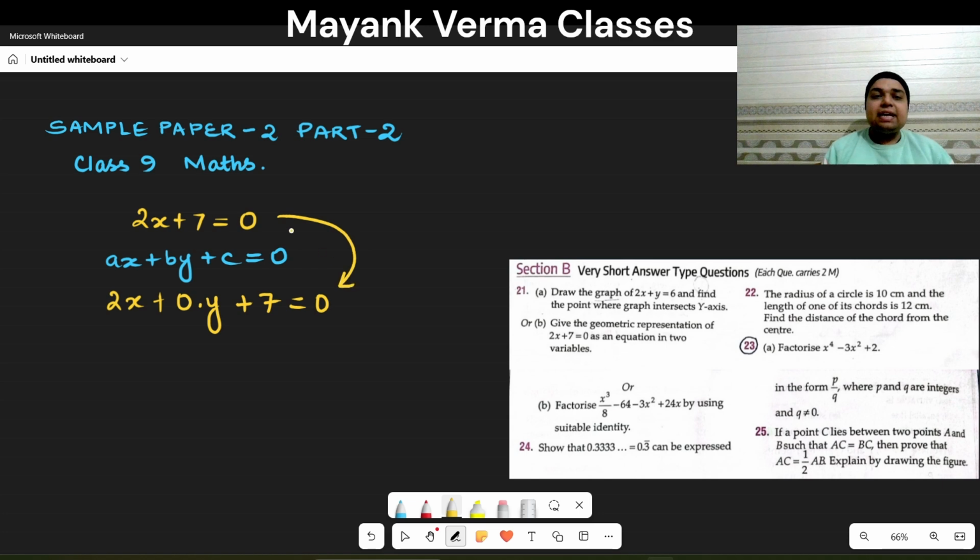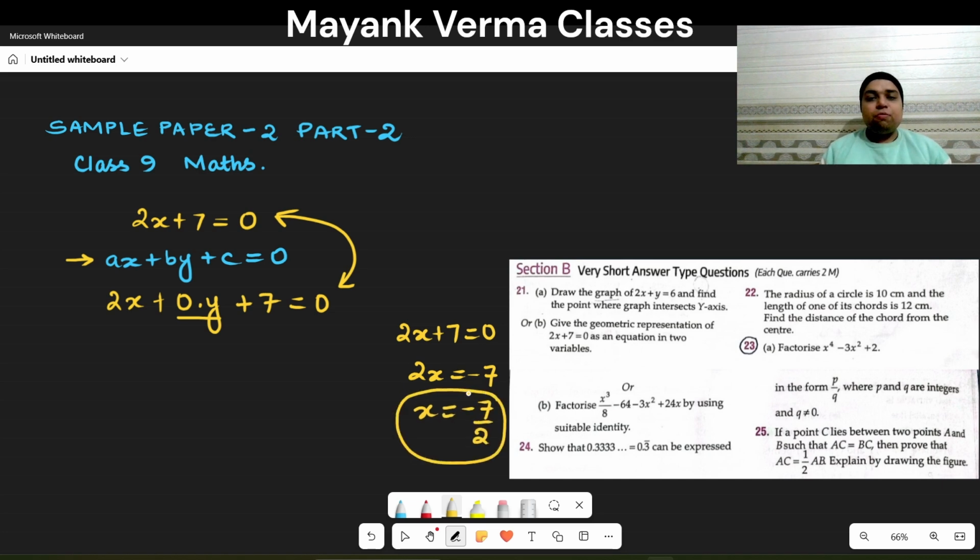These two things are exactly the same. This term is only introduced because I want to write it in the general form of an equation in two variables. Now if I solve this, 2x plus 7 is equal to 0, that means 2x is equal to minus 7 and x will be equal to minus 7 by 2.